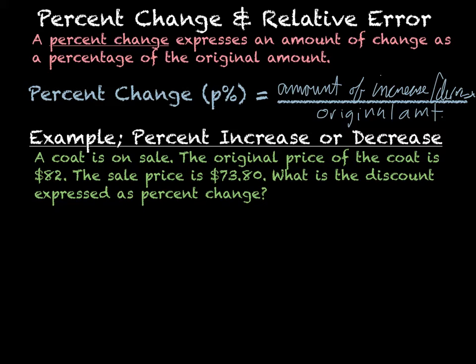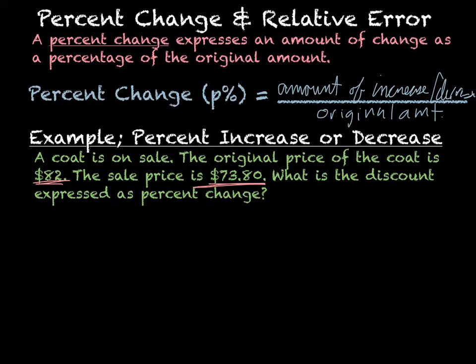So let's do an example. A coat is on sale, which means it's a decrease, you're paying less on sale. The original price of the coat is $82. The sale price is $73.80. What is the discount expressed as percent change? So what we need to do first is find the amount of the increase or decrease.